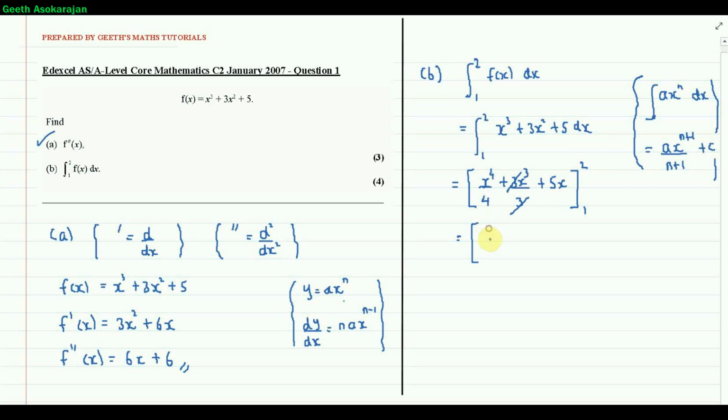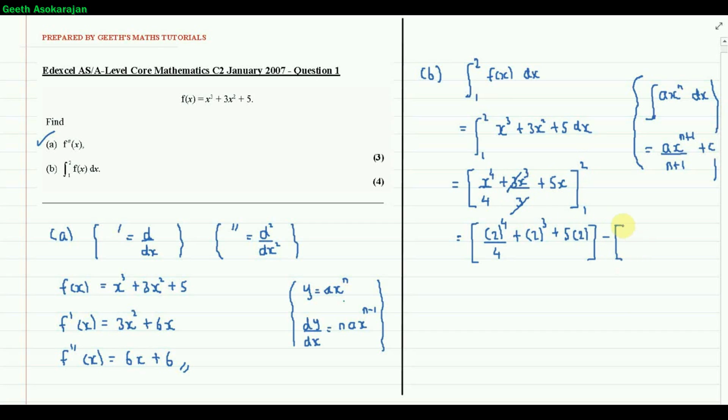We need to replace the upper limit in first. Upper limit is 2, so we'll get 2 to the 4 all over 4 plus x replaced by 2, so 2 to the power 3, plus 5 into x replaced by 2. This is what we should have when we replace the upper limit by 2. Always minus in the middle.